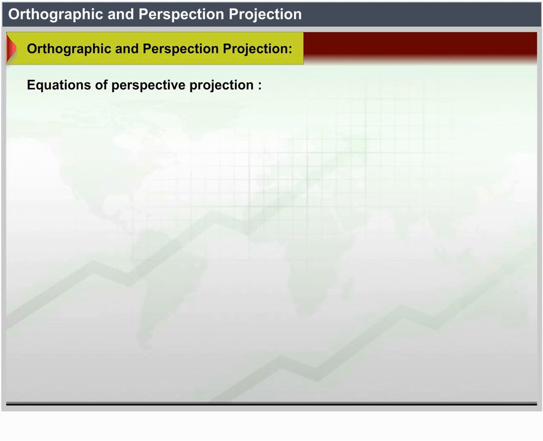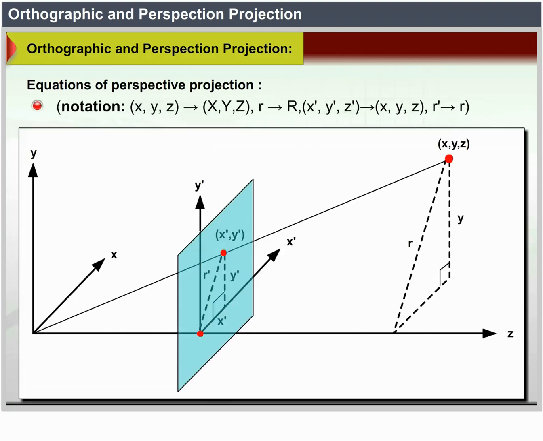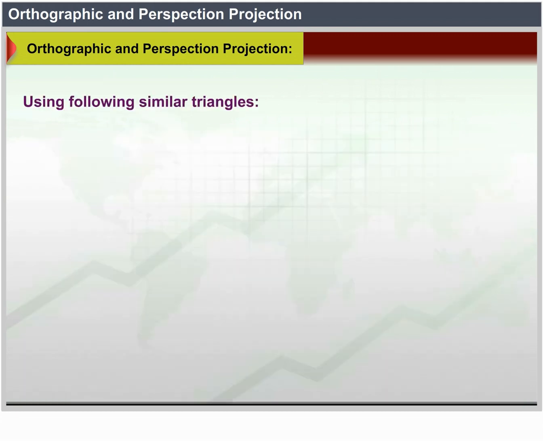Notation: small x, y, z equals capital X, Y, Z. Small r equals capital R, x dash, y dash, z dash equals x, y, z. R dash equals R. Using the following similar triangles. 1.